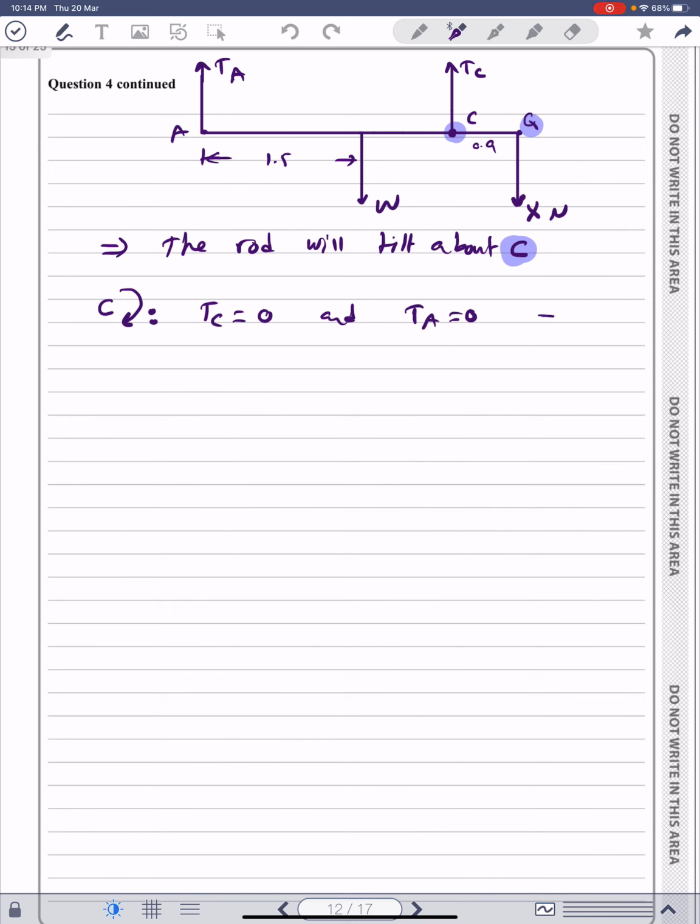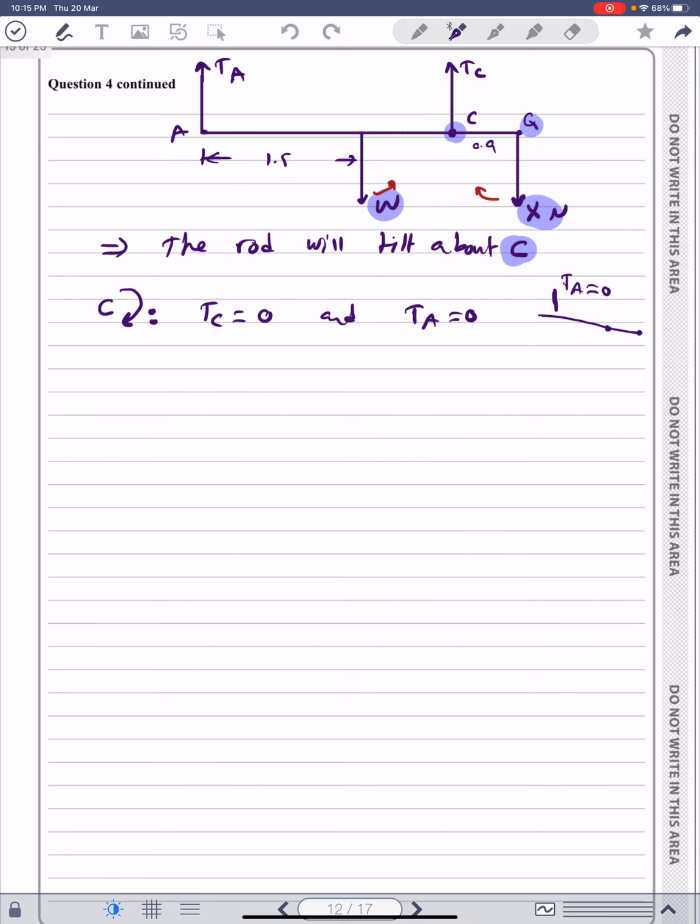This is what will happen. This is C, no tension here. The rope will be removed. No effect for the rope now at A. So directly leaving this with only two forces left. You state the direction.